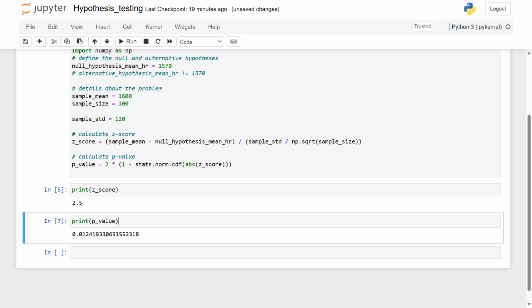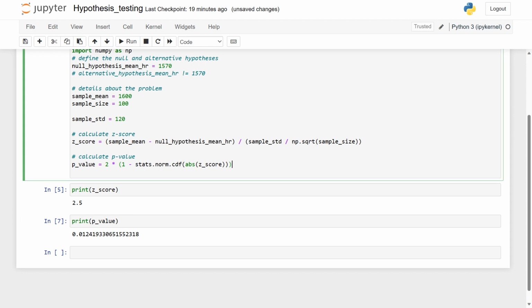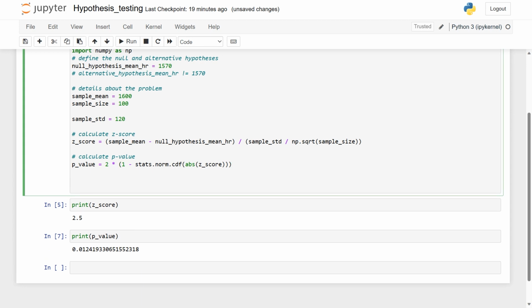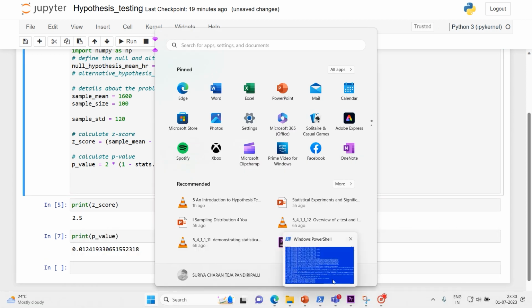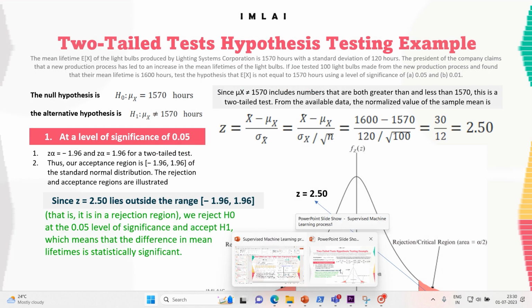Anyhow, next. So now as per our question, we have taken a level of significance of 0.05.